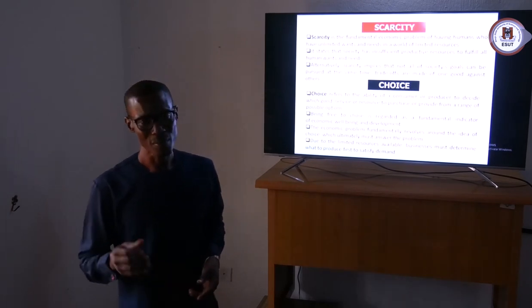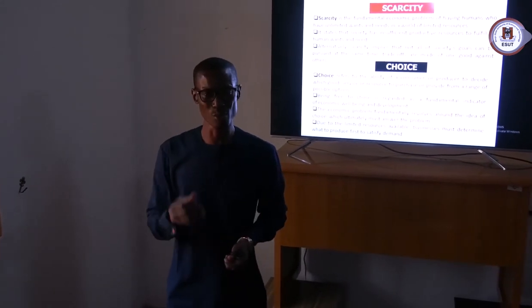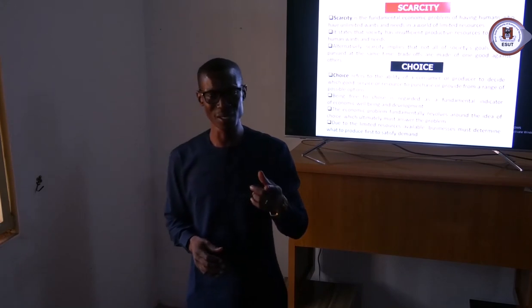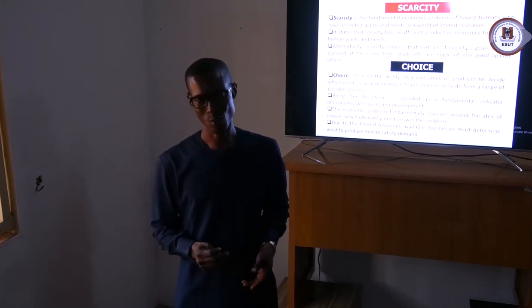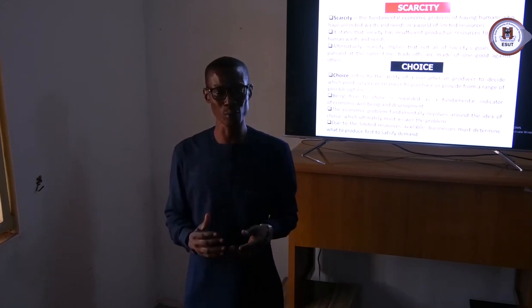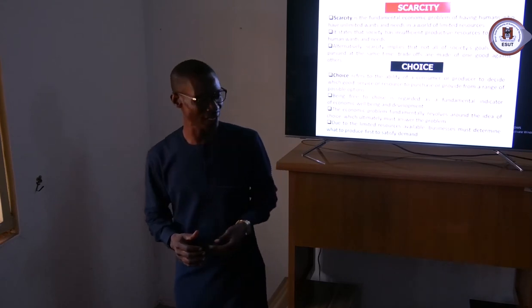And again, because our needs and wants are numerous, but the resources to satisfy them are very limited, we have to make choice. If you don't make choice, you may not be able to obtain the satisfaction that you desire in economics.